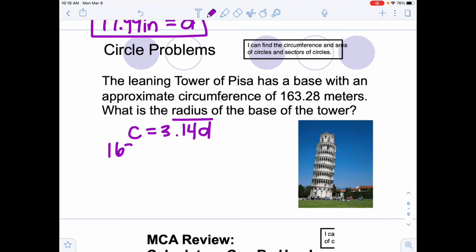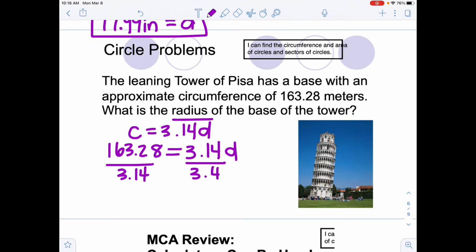So 163.28 is the circumference, equals 3.14 times diameter. Divide both sides by 3.14 to get diameter by itself. And I'm left with 52 equals diameter, 52 meters.